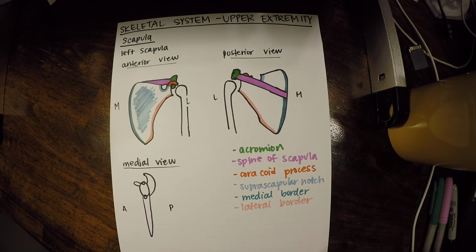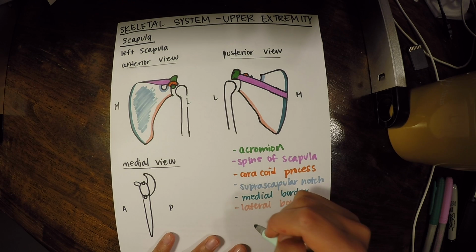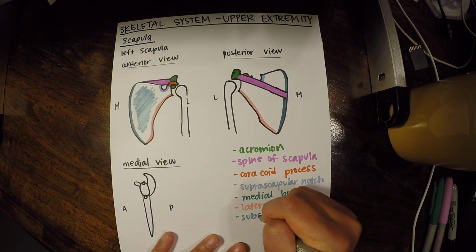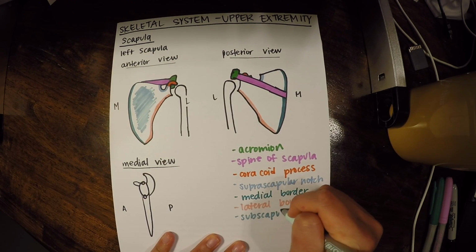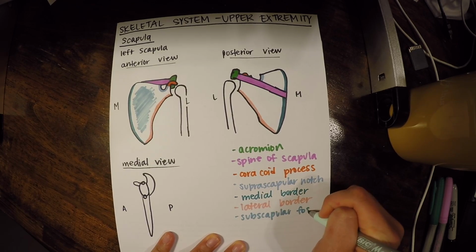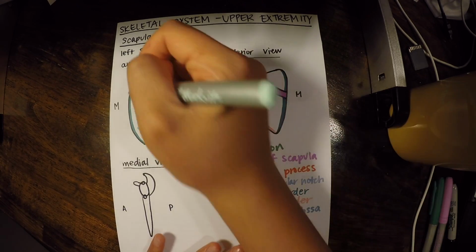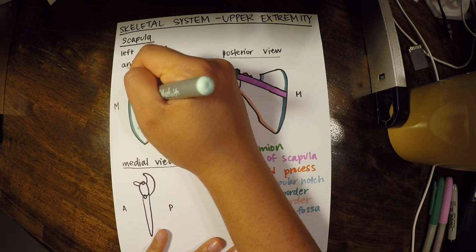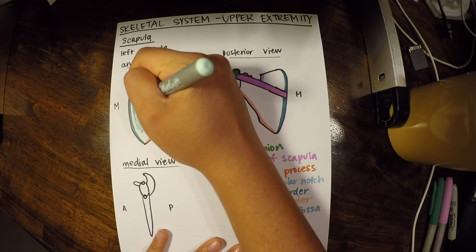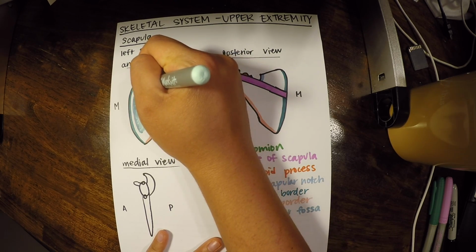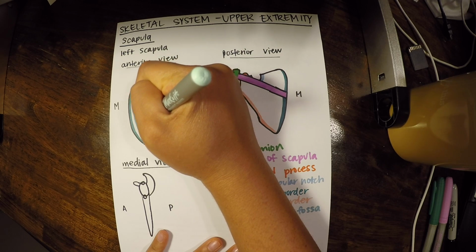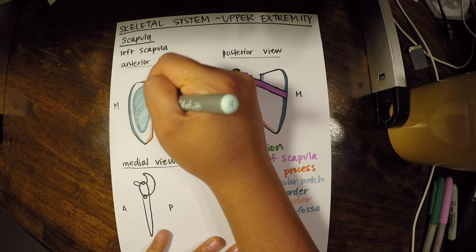And that is called our subscapular fossa. It's just a little shallow opening, kind of shaped like that.